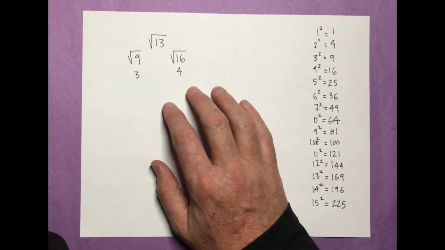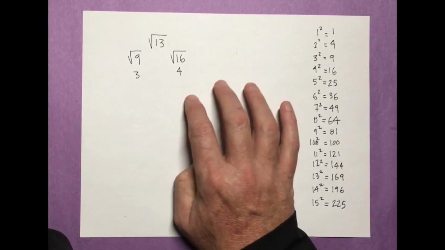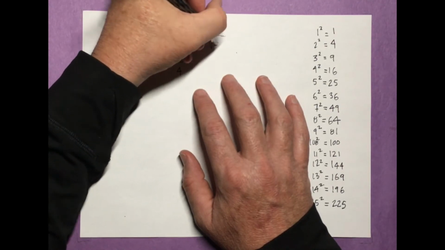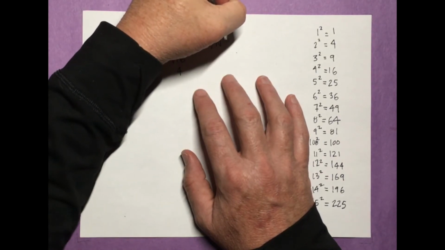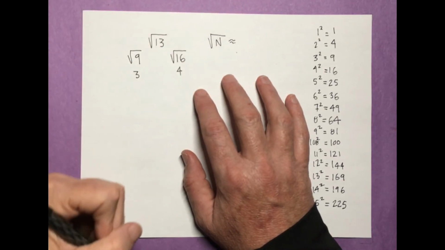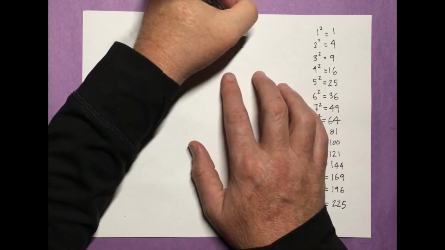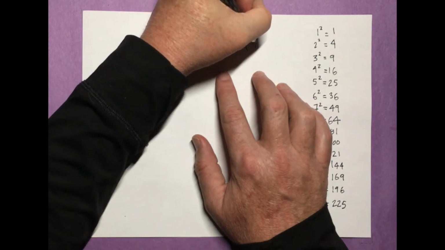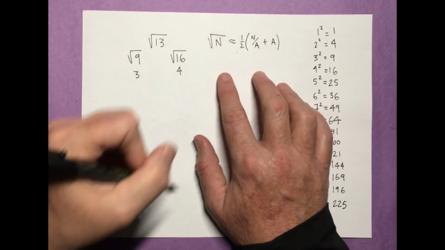Very few people know how to calculate square roots by hand. And there's a few methods out there, but certainly one of the best methods was a method devised by good old Isaac Newton, Newton's method. Newton's method says that if I want to find the square root of some number, capital N, that is going to be approximately equal to 1/2 times n divided by a, plus a.